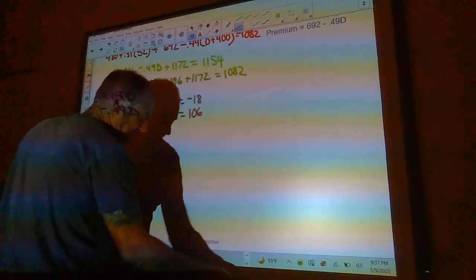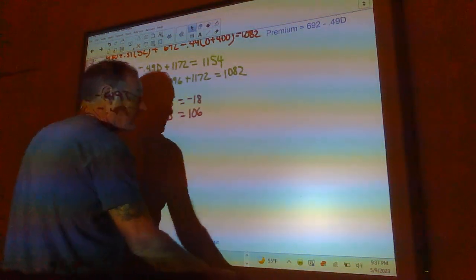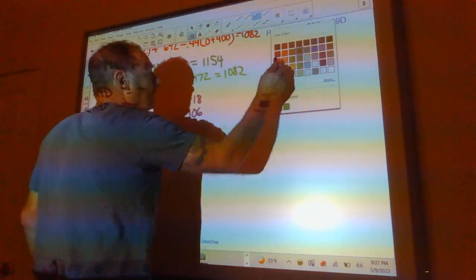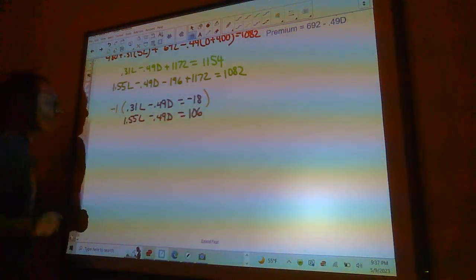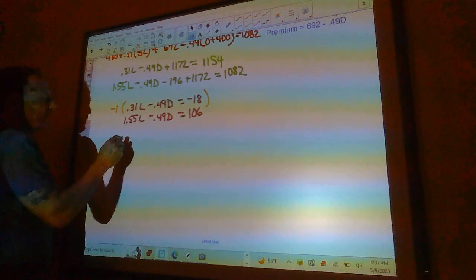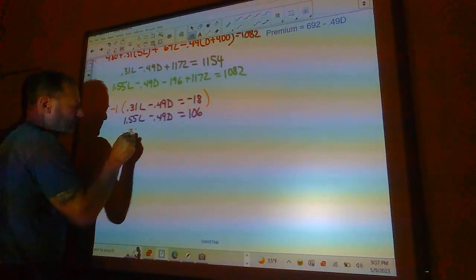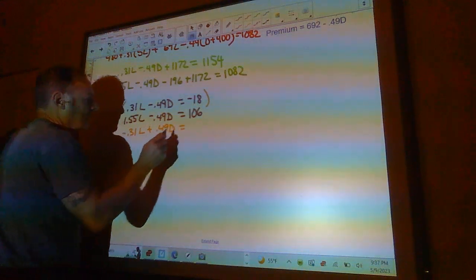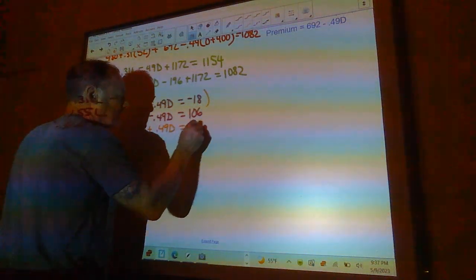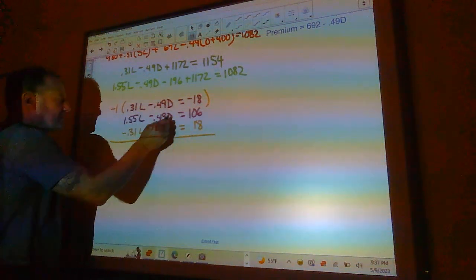Okay, I'm going to go ahead and take this equation right here, multiply by negative 1, because that will give me negative 0.31L plus 0.49D is going to equal 18. And I can combine these and the D's will go away.